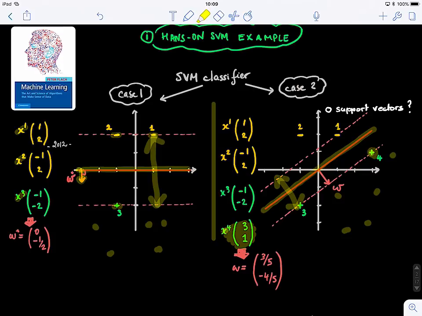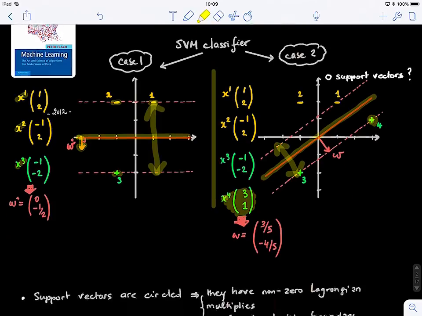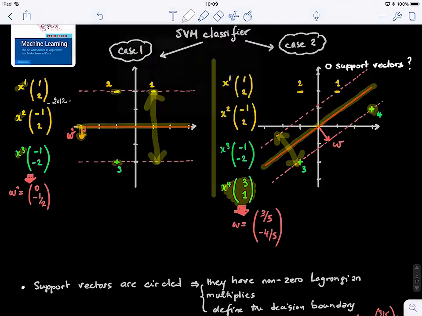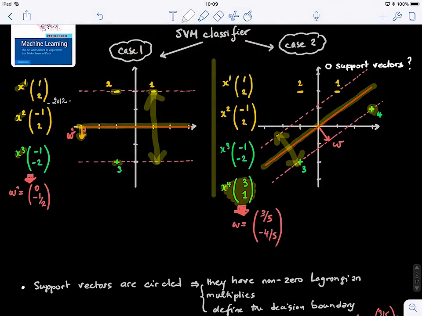Great, so let's look at this more. Where are the support vectors? If you remember from the previous lecture, generally the support vectors lie on the hyperplanes, the marginal decision boundaries, right?